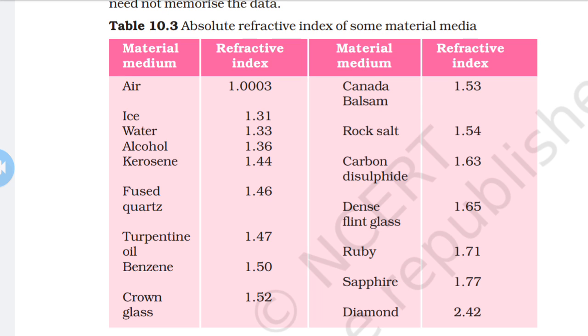Now, again a question like this: what is the optical density of a medium? The ability of the medium to refract light is expressed in terms of its optical density. Optical density has a definite connotation, and it is not the same as mass density.